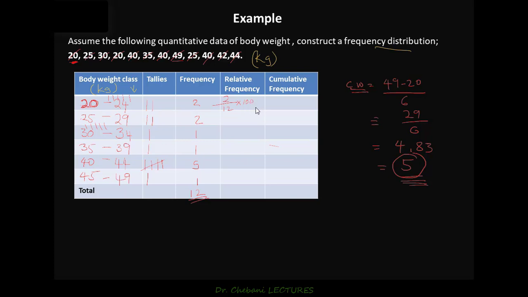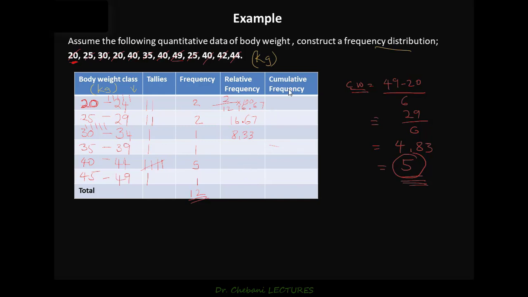So in this case, we get 16.67. This also will be 16.67. This one would be half of this, which is 8.33, and so forth. So you can complete the table.